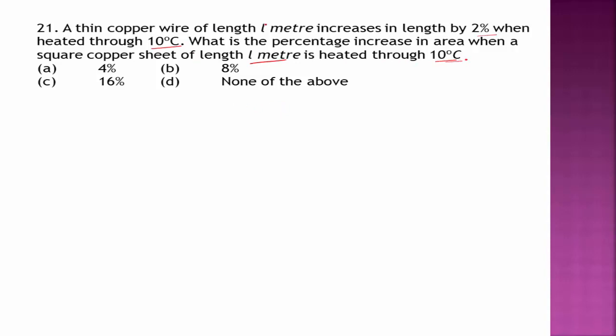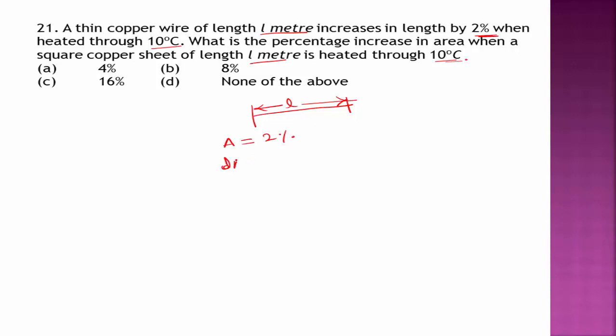Here, the thin copper wire of length L meter increases by 2%. L is the length of the wire, and it increases by 2%.